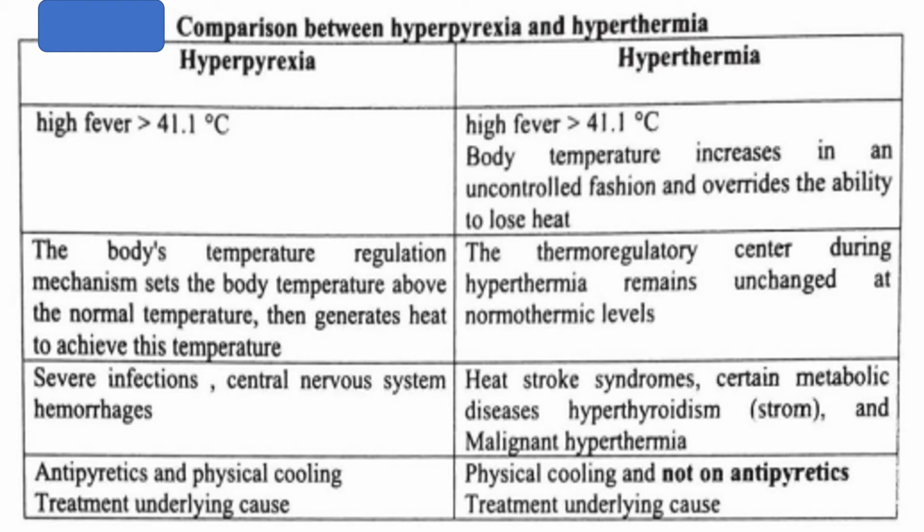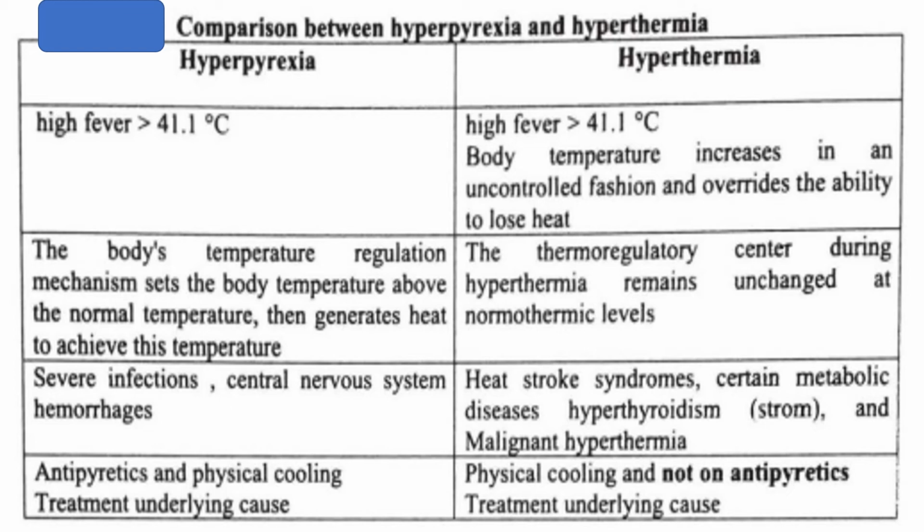Comparison between hyperpyrexia and hyperthermia. As we said, I will read the hyperthermia column. High fever above 41.1 degrees centigrade. Body temperature increases in an uncontrolled fashion and overrides the ability to lose heat.